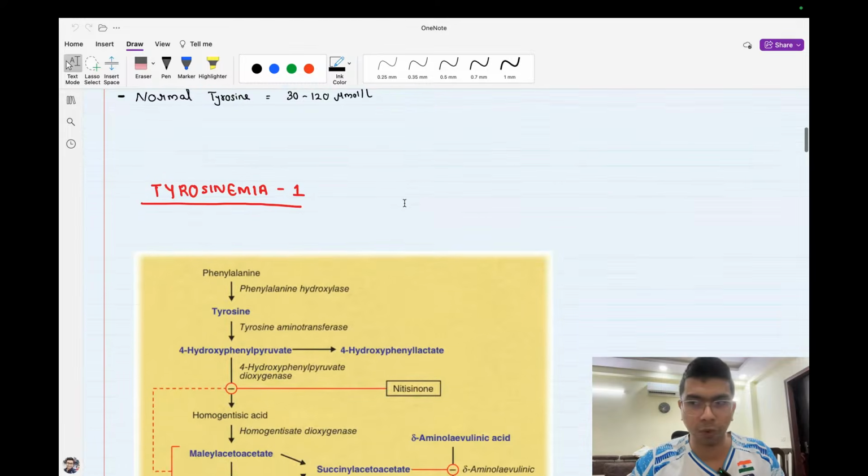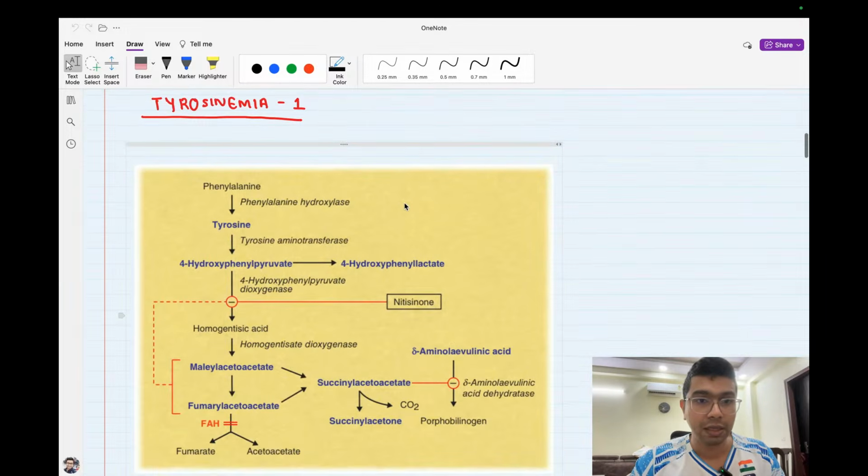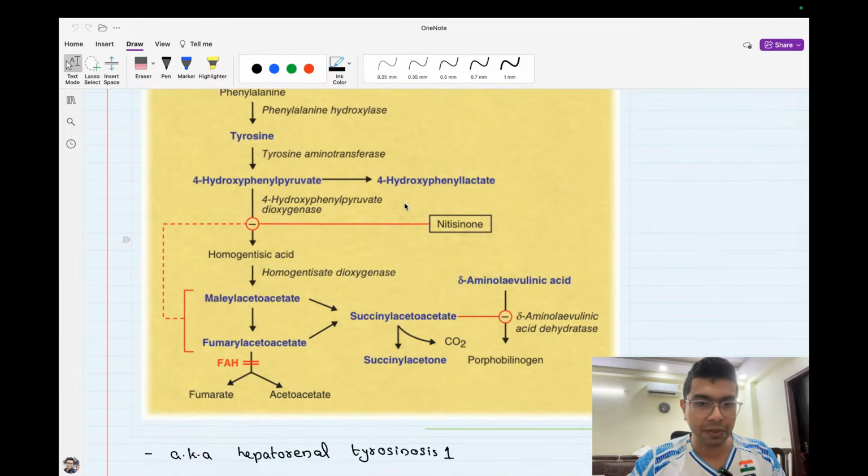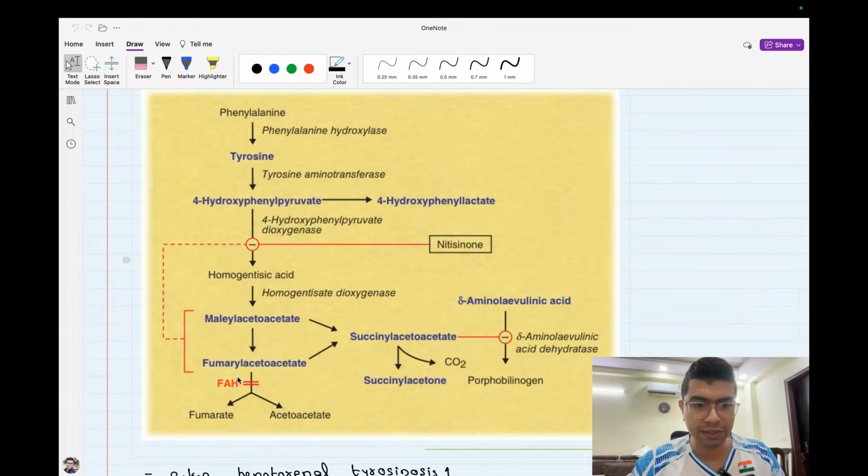Coming to the topic proper, that is tyrosinemia type 1. The pathophysiology happens due to deficiency of the enzyme FAH, fumarylacetoacetate hydrolase.